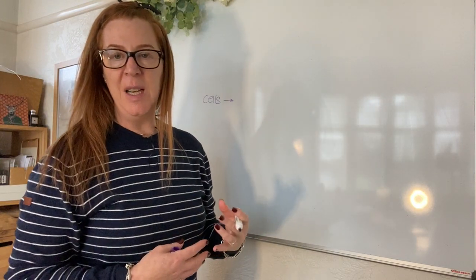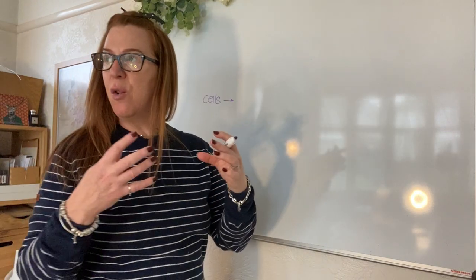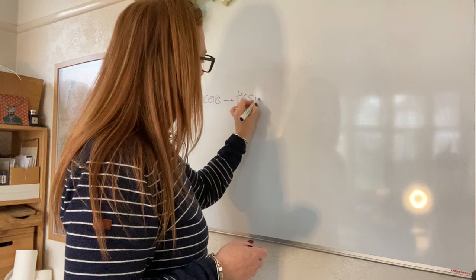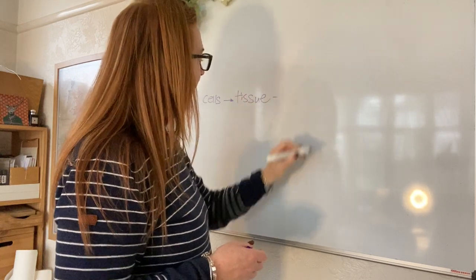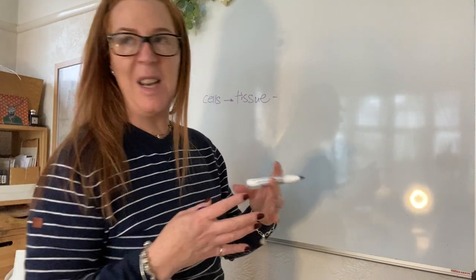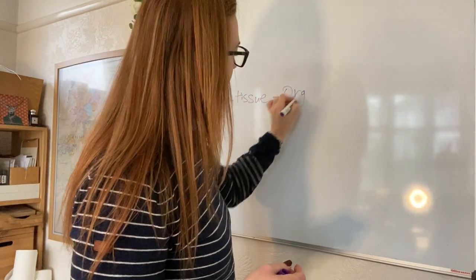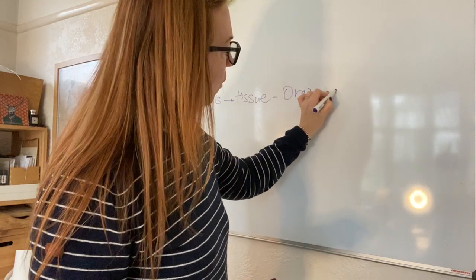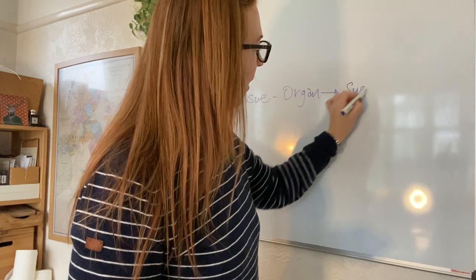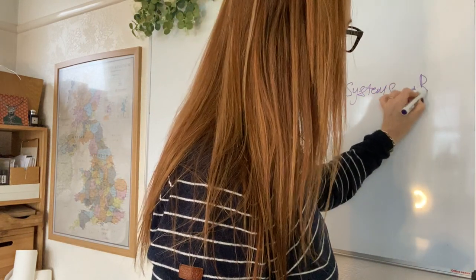When they group together, they make tissue. And there are different types of tissue. Then a group of specialized tissue creates an organ. And then a group of organs creates a system. And of course, all the systems make up the body.